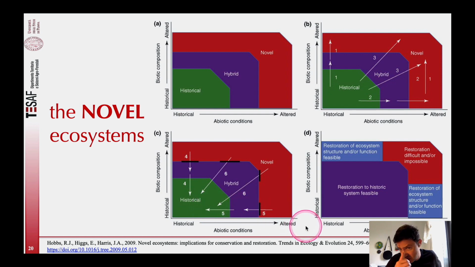But there are some situations where there are thresholds that, if you pass through them, whether biological, structural or biophysical, it's not possible to go back. There are situations where it is possible to restore the ecosystem structure and function, but there are situations where it is not possible. Then you have to think in the strategies about how to better occupy this land in terms of ecosystem services provision.